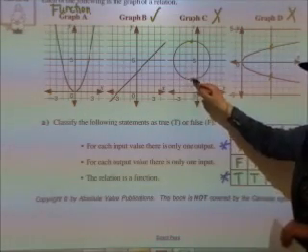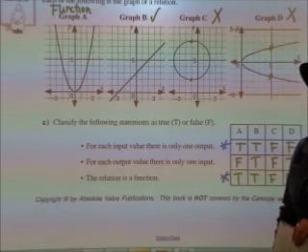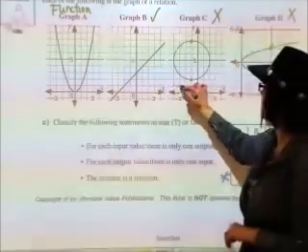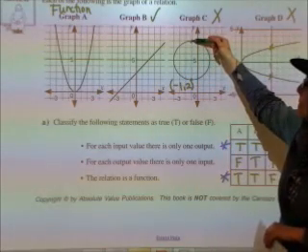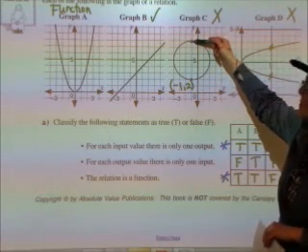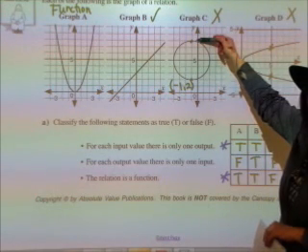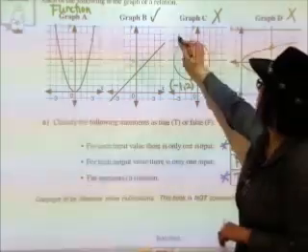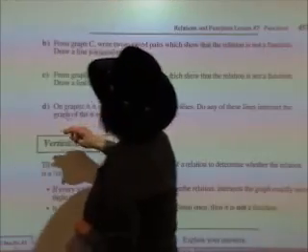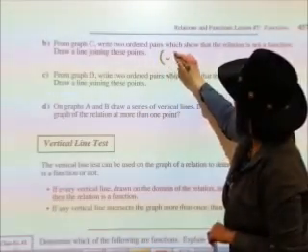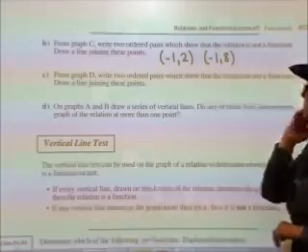Okay, so what's the coordinate right here? -1 and 2. And what's the point up here? -1 and 8. So that's on the top of the next page. -1 and 2, and -1 and 8.